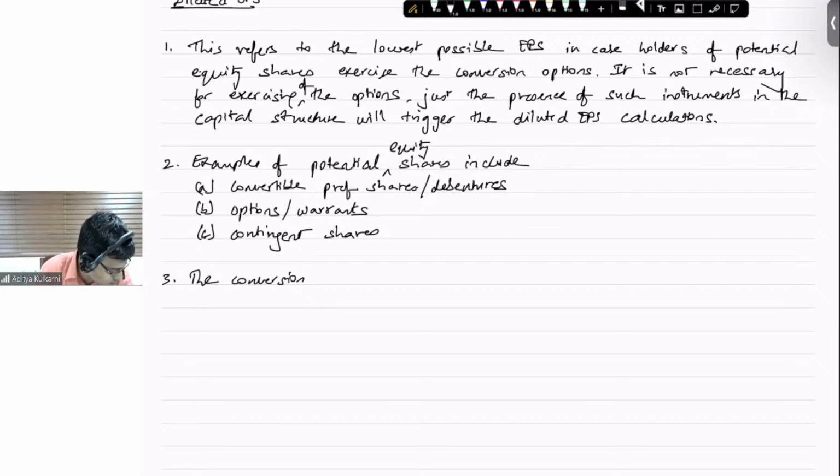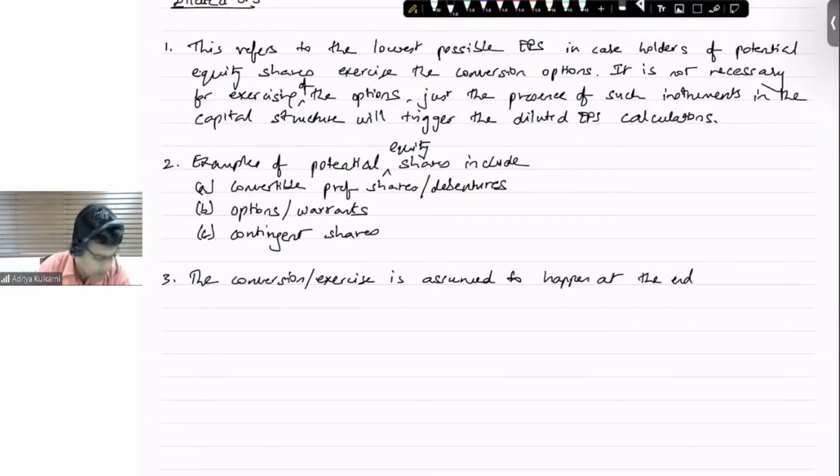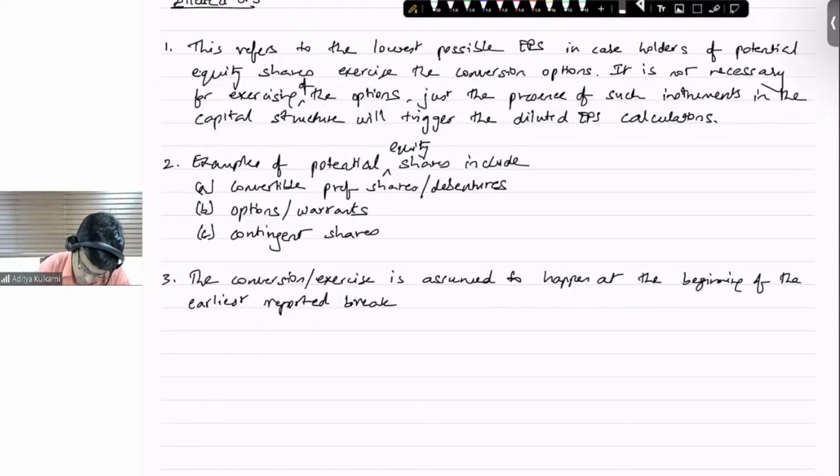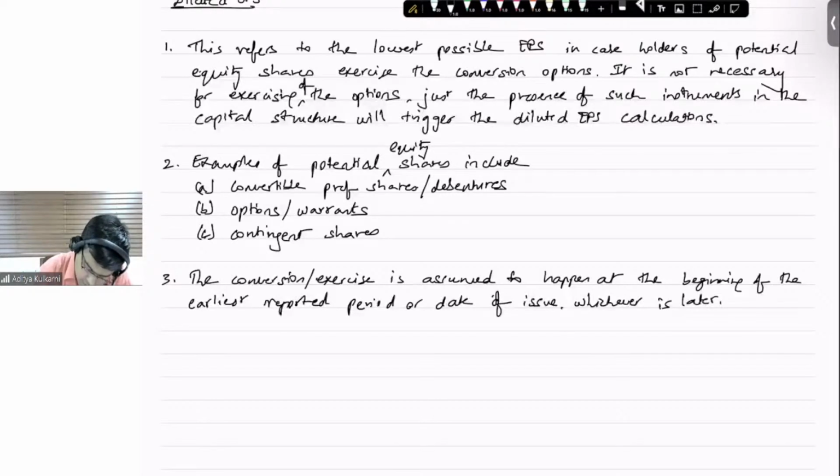The conversion or exercise is assumed to happen at the beginning of the earliest period or date of issue, whichever is later.